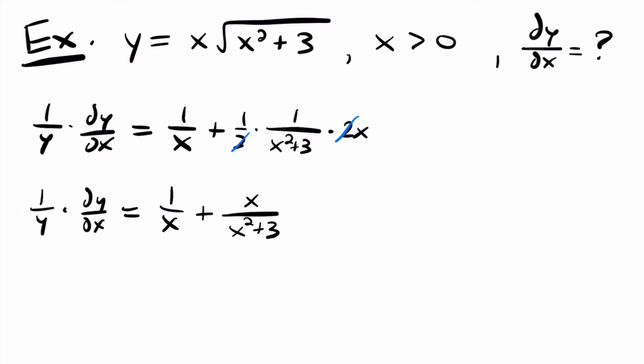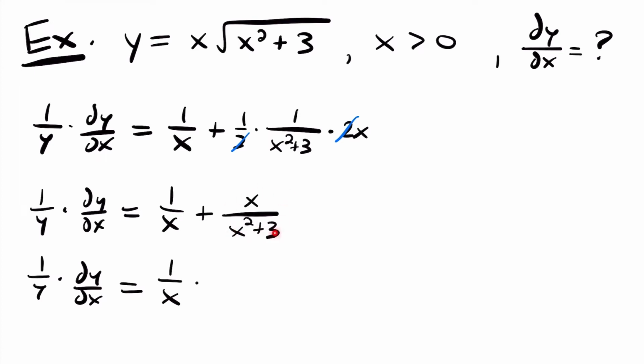Okay, and so then before we move on to our next step, I'm going to want to simplify this a little bit more. And so what I'm going to do is try to combine these two fractions by getting a common denominator. And so in order to do that, we're going to have 1 divided by y times dy/dx, and that will be equal to 1 divided by x times the denominator of the other fraction as a form of 1.